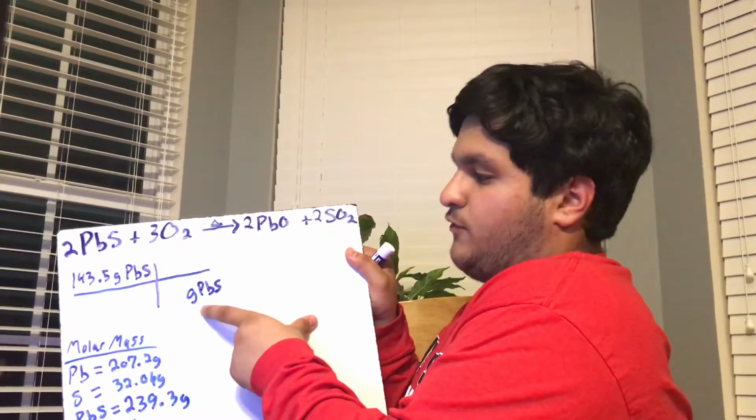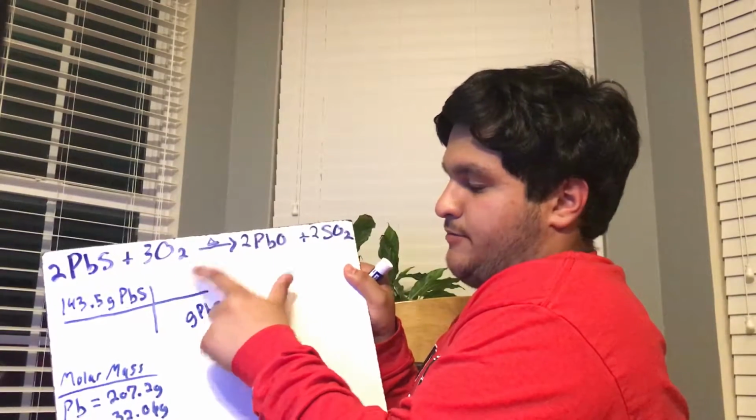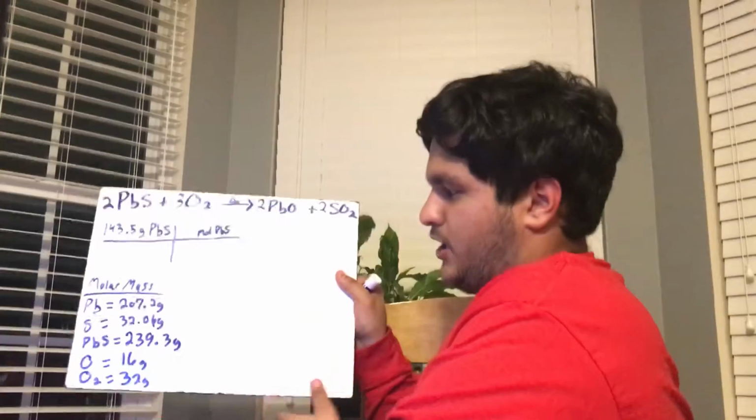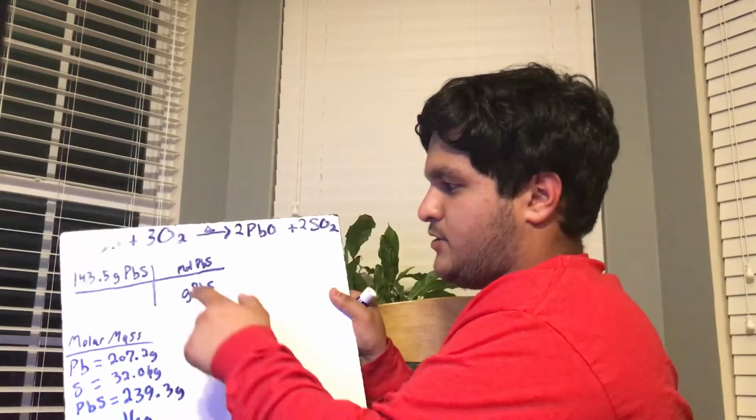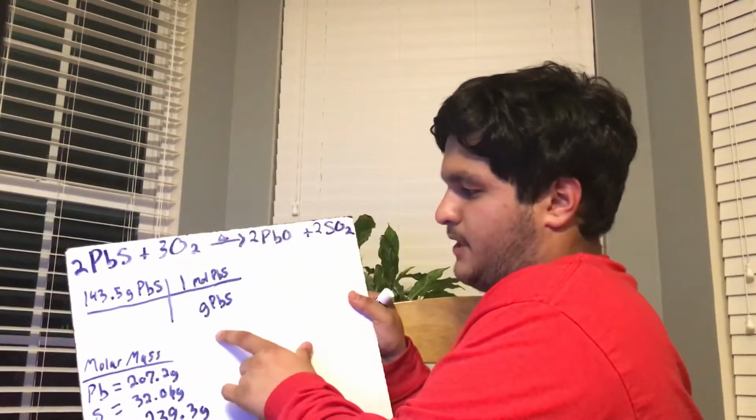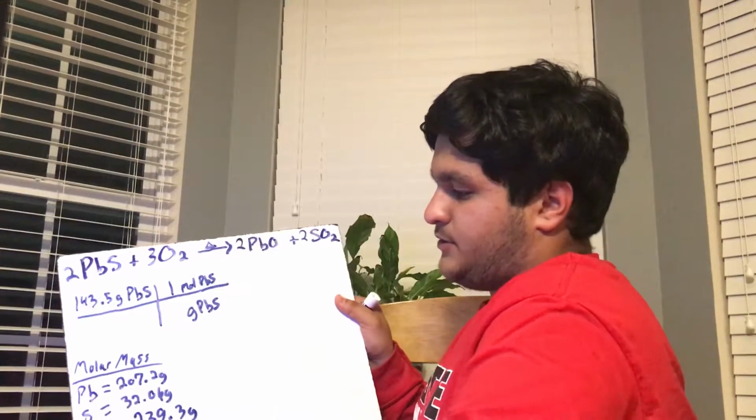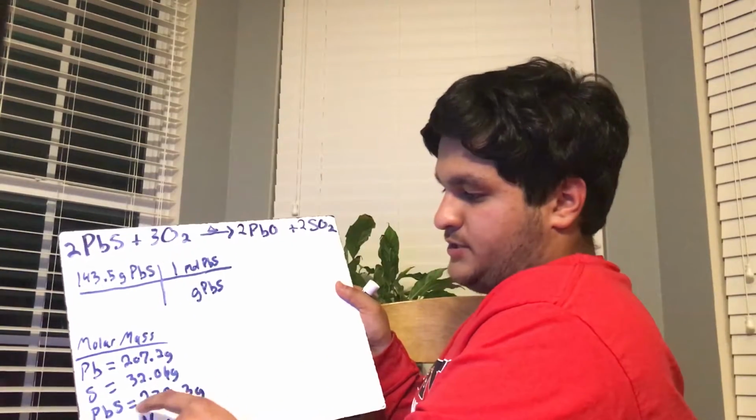And we want to go from grams of lead(II) sulfide to a mole of lead(II) sulfide. So we can look at our molar masses, and we know that 1 mole of lead(II) sulfide weighs 239.3 grams.